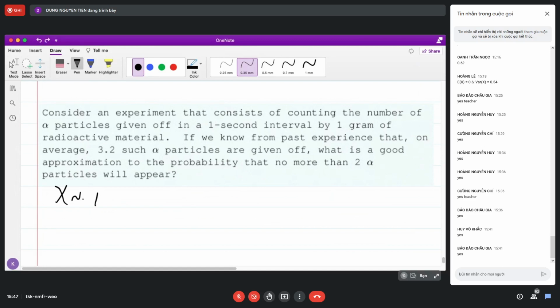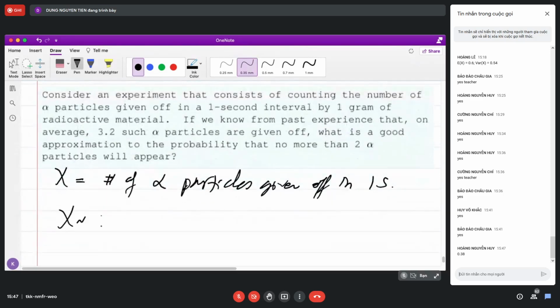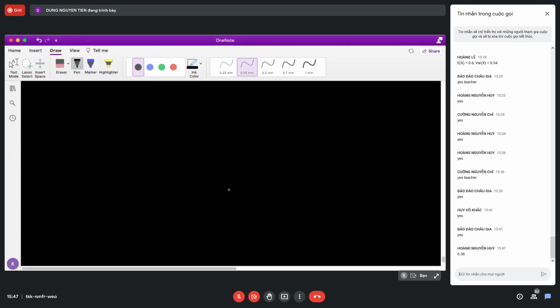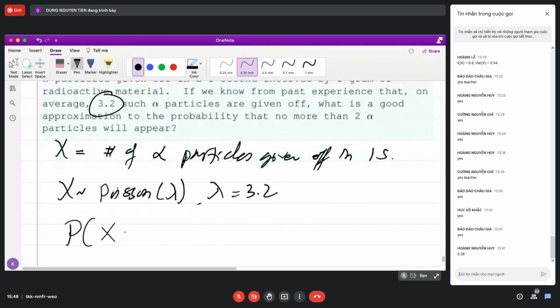X is the number of alpha particles given off in 1 second. Then X follows a Poisson distribution with a parameter lambda, where lambda is on average 3.2. So lambda equals 3.2. And then you want to find the probability that X is no more than 2, so less than or equal to 2.